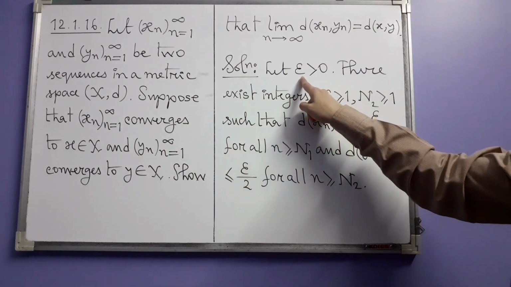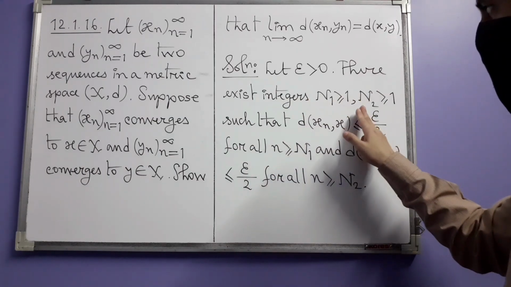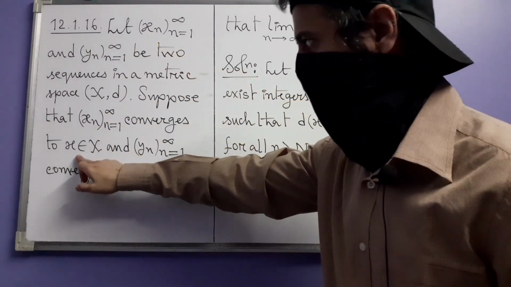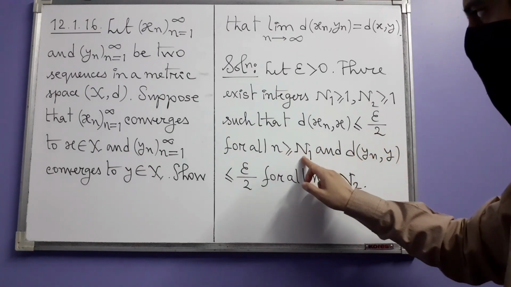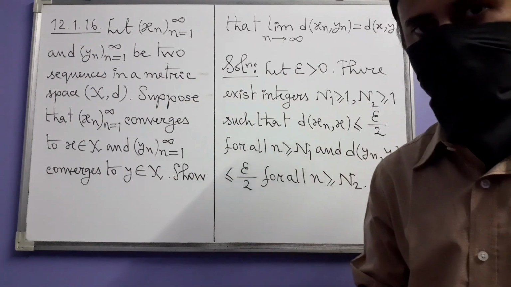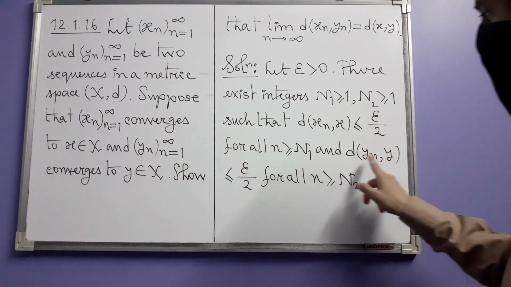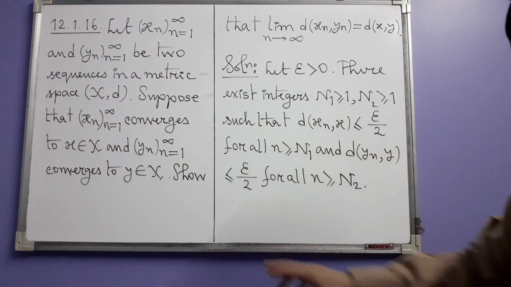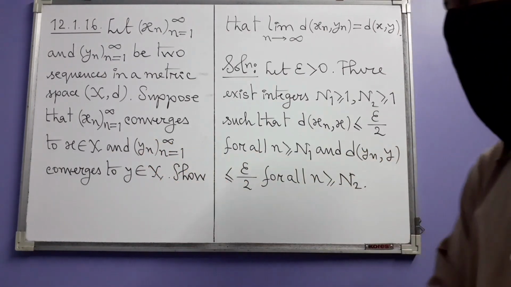So for this epsilon, we are going to get two positive integers, capital N1 and capital N2, such that the distance between xn and x is less than or equal to epsilon divided by 2 for all n greater than or equal to N1, which is happening because of the first sequence converging to x, and the distance between yn and y is less than or equal to epsilon over 2 for all n greater than or equal to N2, which is happening because this sequence is convergent to y.